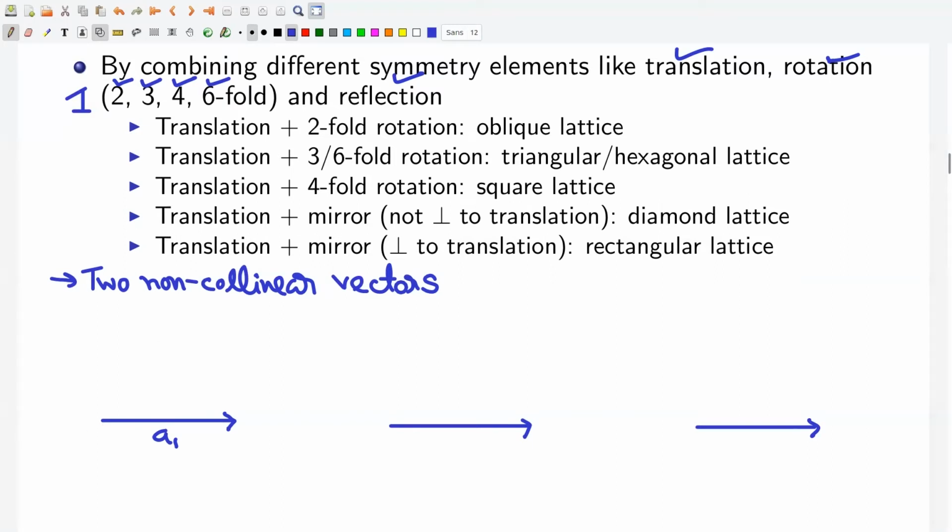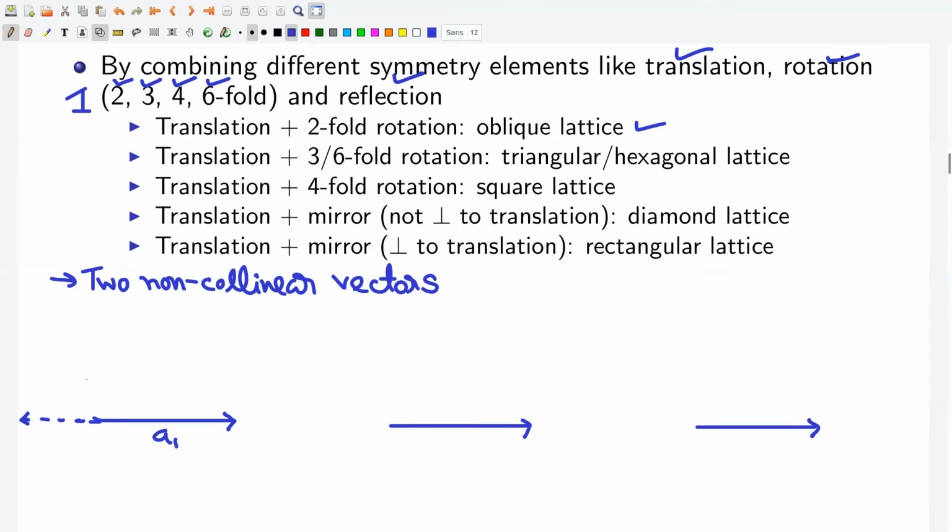First, combine translation with twofold rotation. If we apply twofold rotation, we get some vector in this direction, because I have rotated it by 180 degrees. But this does not give me another non-collinear vector. We are getting the same vector but in the opposite direction.